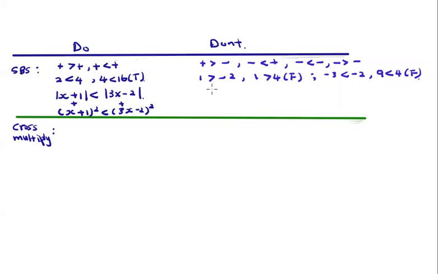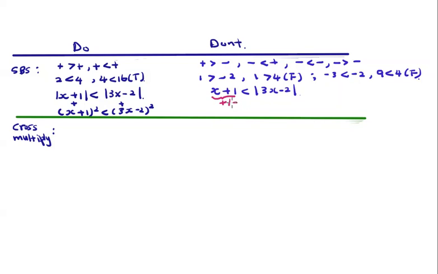So in inequalities, when we get x plus 1 less than modulus 3x minus 2, actually for x plus 1, we are not sure whether this value is positive or negative.